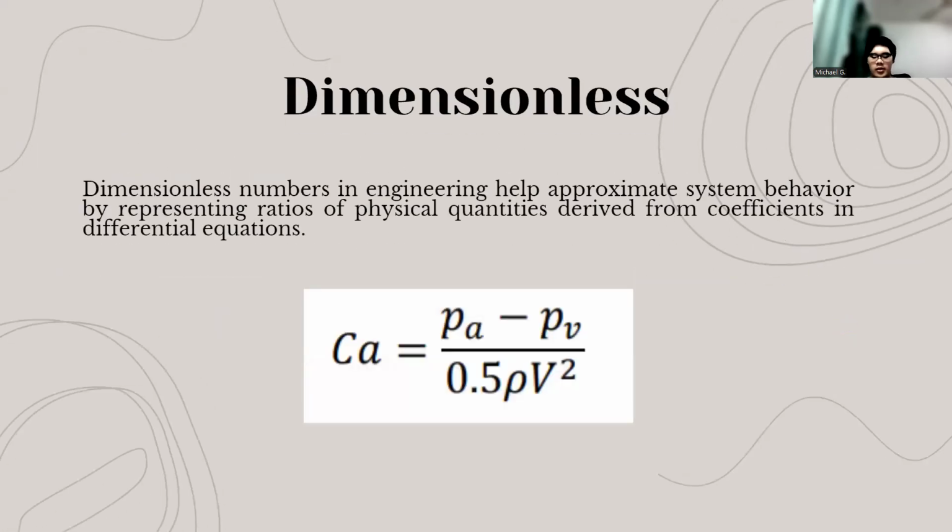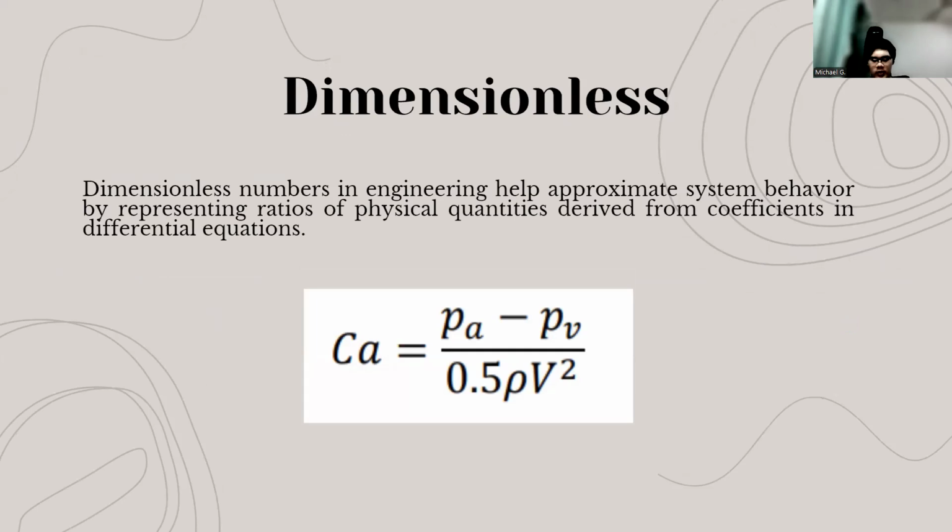And the last one is dimensionless numbers. Dimensionless numbers in many fields of engineering are a collection of variables that provide order of magnitude estimates about the behavior of a system. They are often derived by combining coefficients from the differential equation and are oftentimes a ratio between two physical quantities.